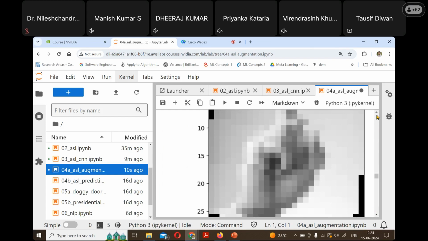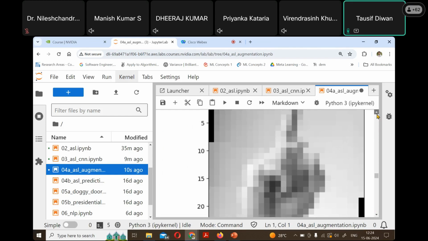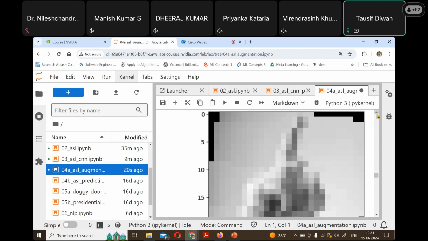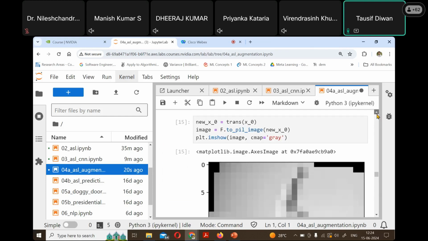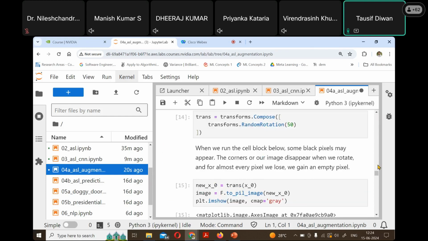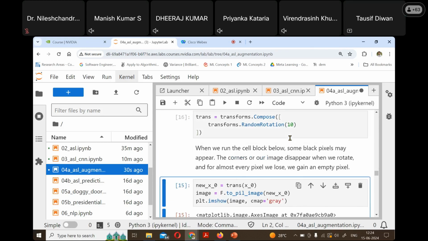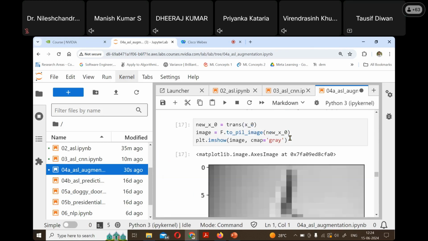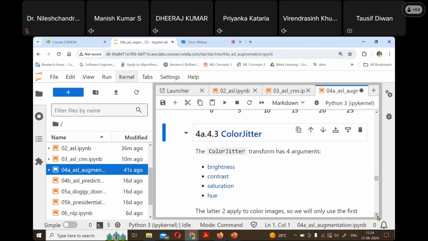Here the degree is increased, but it is not clearly visible how much the image is tilted when we apply 50. Then color jitter. Color jitter has these transforms: brightness, contrast, saturation.